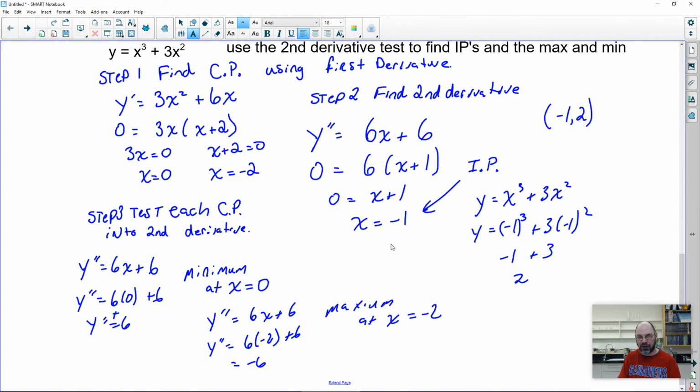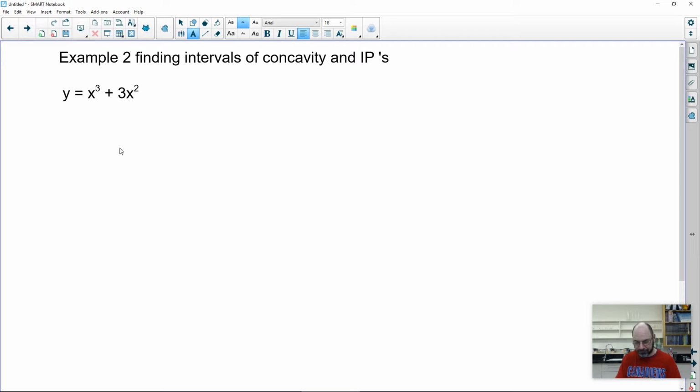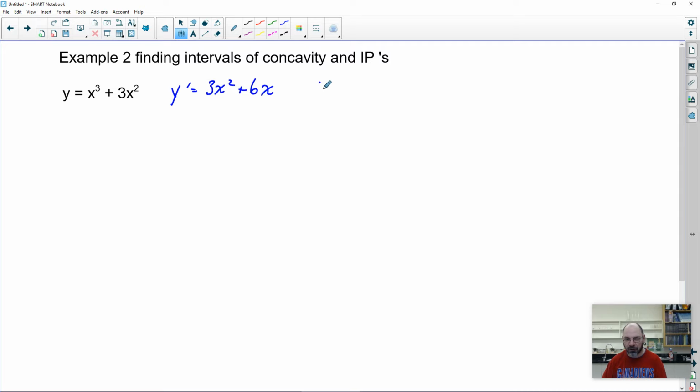Okay, but how do we find out whether it's concave up or down? Well, that's pretty easy. We already figured out what y prime was, and we already figured out what y prime prime was.